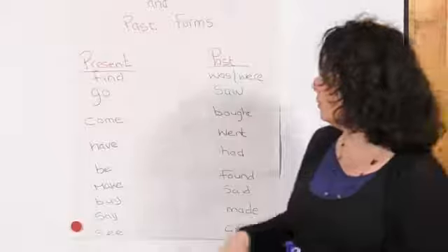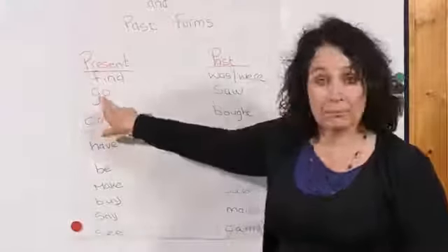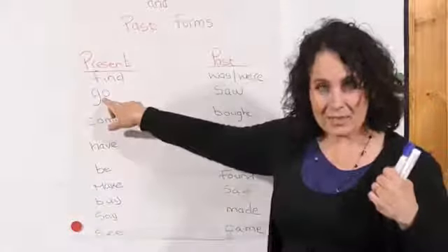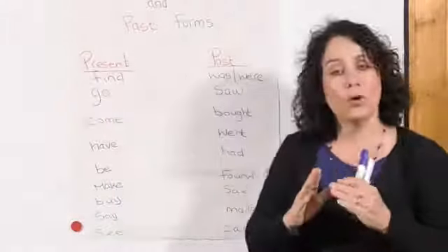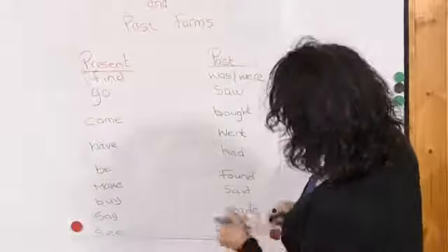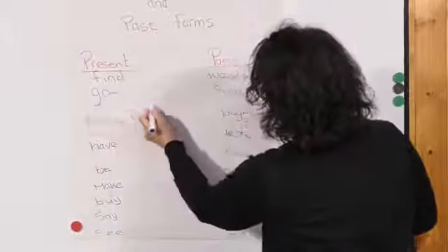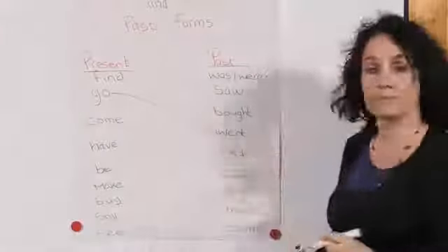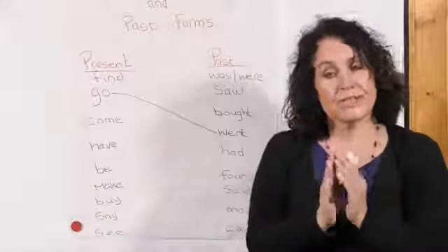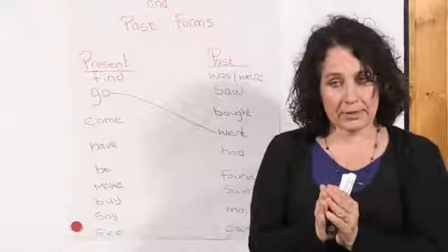So for example, just one or two here. Go, in the past, it's went, okay? Go, went. So let's join these up. Go, went, okay? These have to be learned, okay?